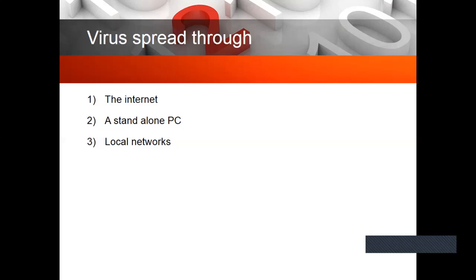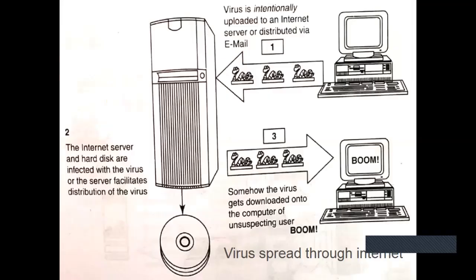Next we'll see how a virus spreads. There are three ways in which a virus spreads: one is through the internet, next is a standalone PC, and then within a local network. First we'll see how a virus spreads through the internet. Suppose an attacker, through his PC, sends a virus mail to a particular server.